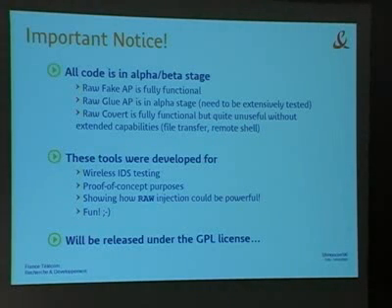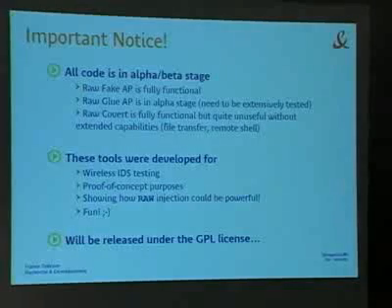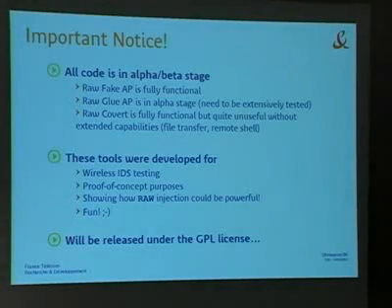Just an important notice before we speak about this. We will present 3 tools. The first one is raw fake AP, a kind of enhanced fake AP that uses raw injection. The second one is a tool that tries to catch wireless clients that are searching for access points.